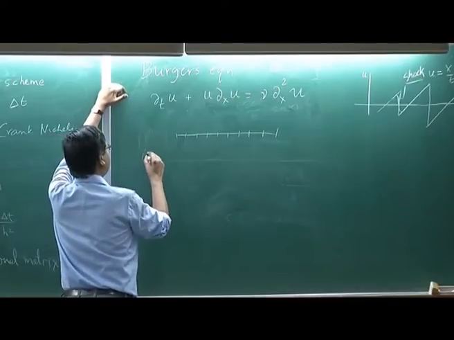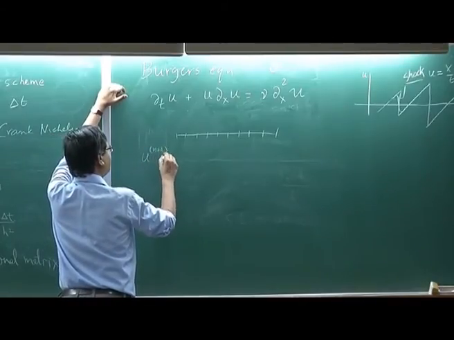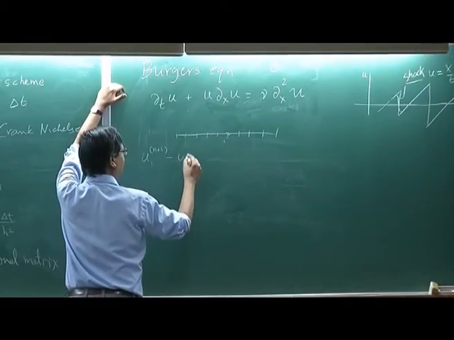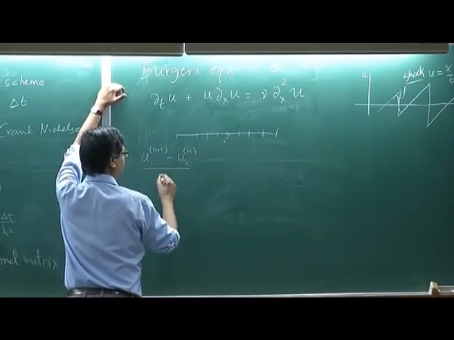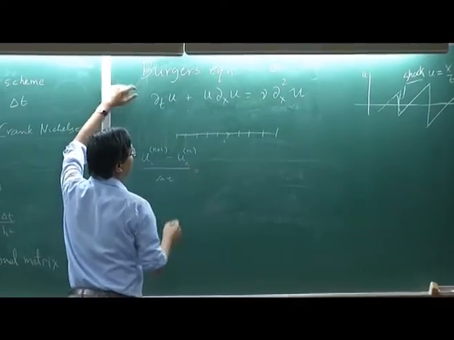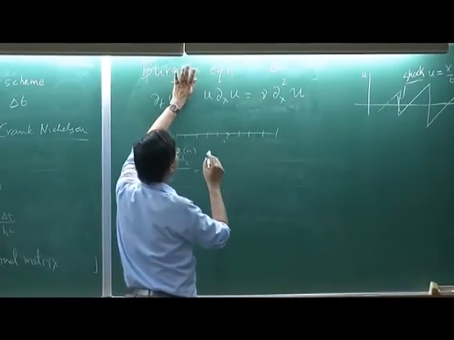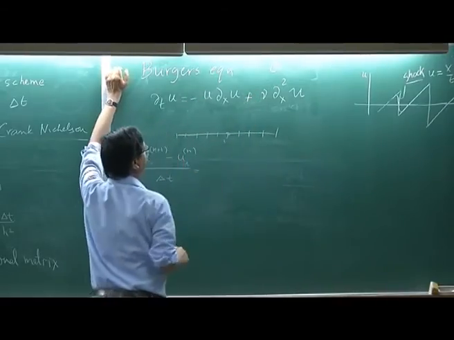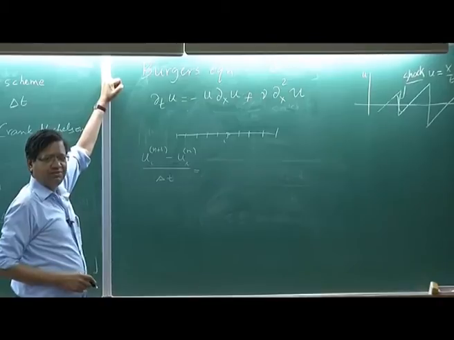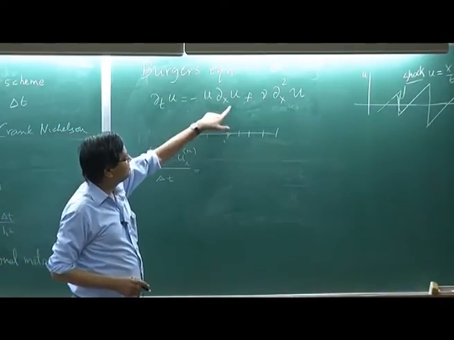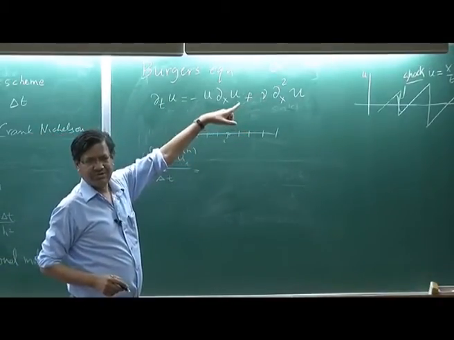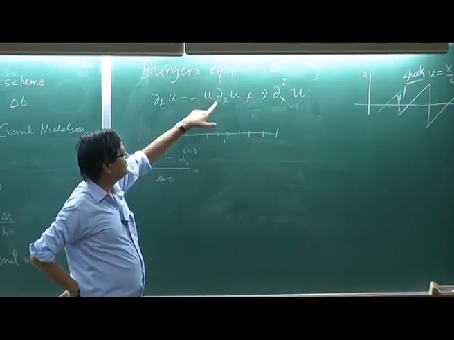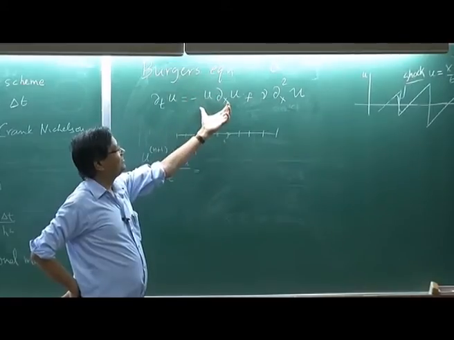So, the initial value problem will be u at n plus 1 minus u at position i at n, by delta t. So, this is a nonlinear term. Put everything in the right hand side, minus, plus. Now, you need to compute this numerically. You can compute this by some scheme.